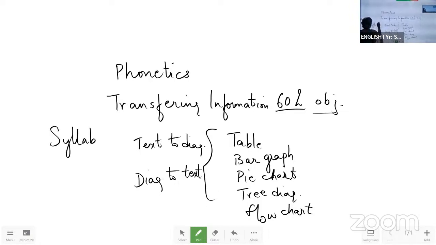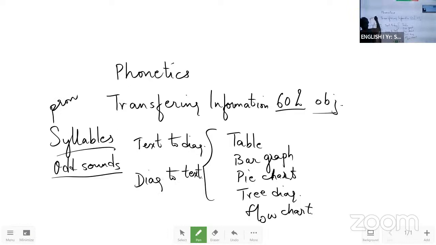Again, in syllables and odd sounds, your pronunciation in English should be very, very good. Like there are many children who pronounce kangaroo incorrectly.